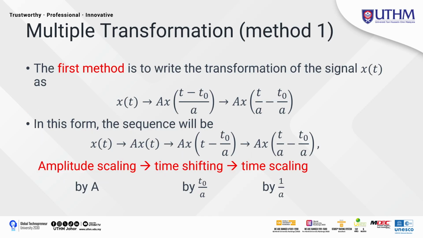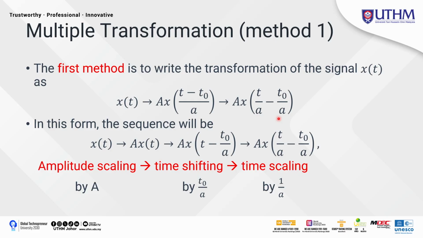There are three methods in solving the multiple transformations. The first method is through the amplitude scaling, time shifting, then time scaling. The sequence is like this. If you have the signal in this form, a x((t minus t naught) over a), you have to change it to this form, a x(t over a minus t naught over a), if you want to solve the time shifting first.